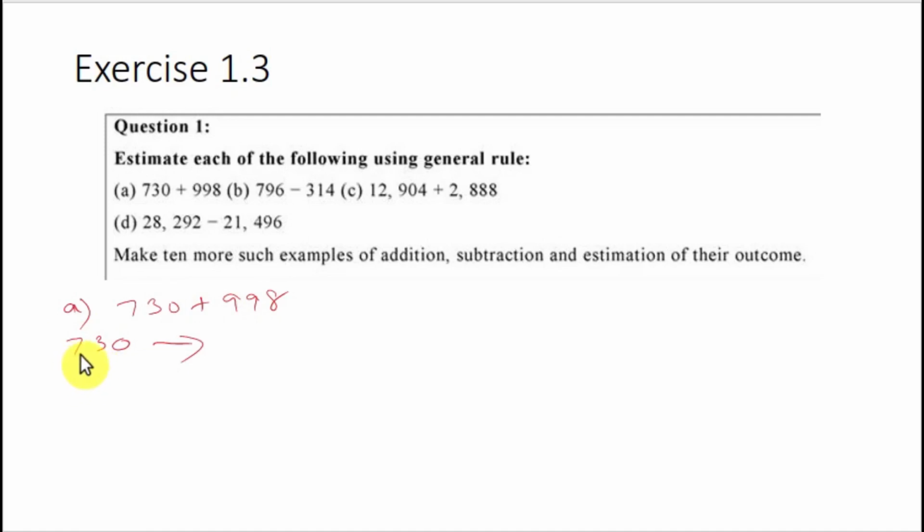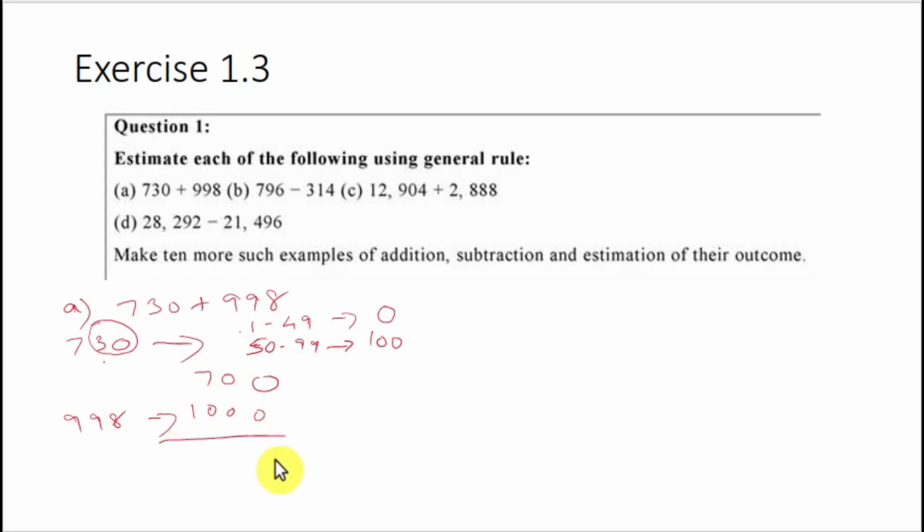When rounding to the nearest 100, we have to check the last two digits, 30. 1 to 49 is nearest to 0, 50 to 99 is close to 100. So 730 is close to 700. 998 is close to 1000. So when we add these, the estimated sum is 1700. Understood?